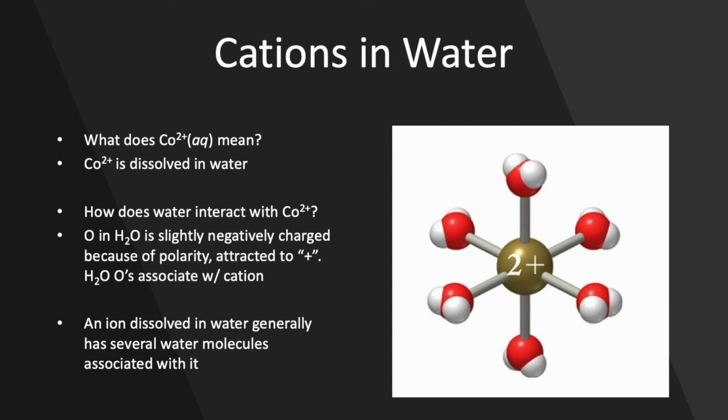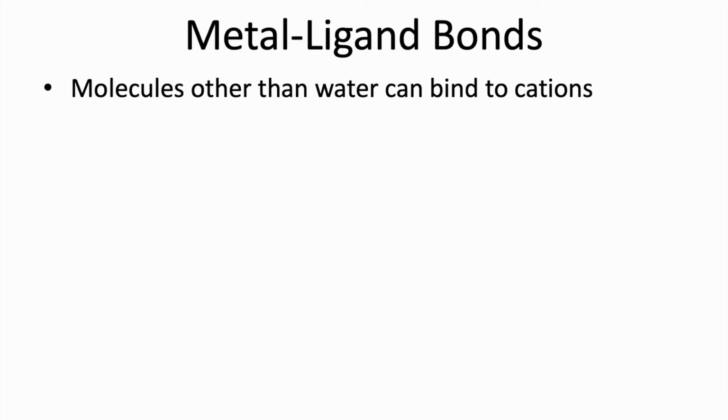So this is a picture of what we can imagine, that we have our 2+ ion here, and then the water molecules are all oriented toward it. And in this diagram, we've also drawn in things that look like bonds. Those are actually coordinate covalent bonds, so we'll talk about what that means and what that looks like here in just a minute.